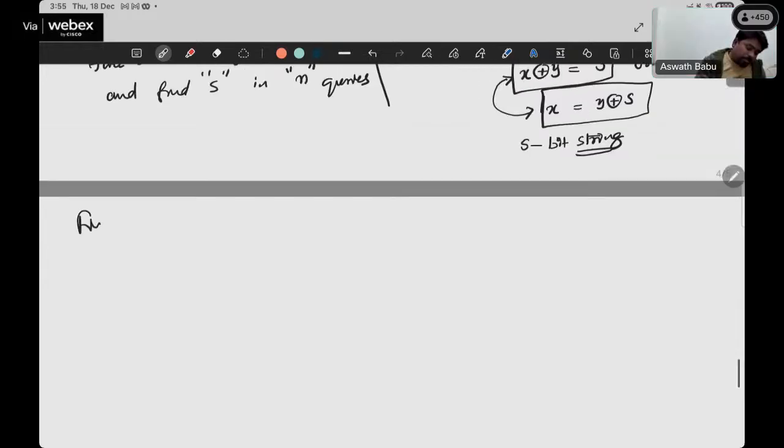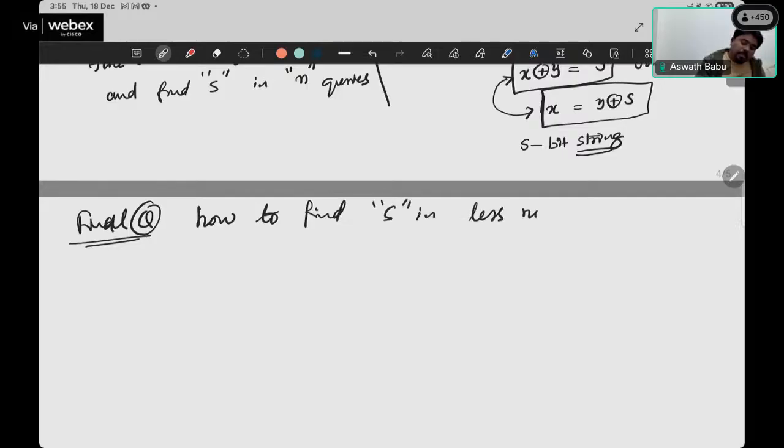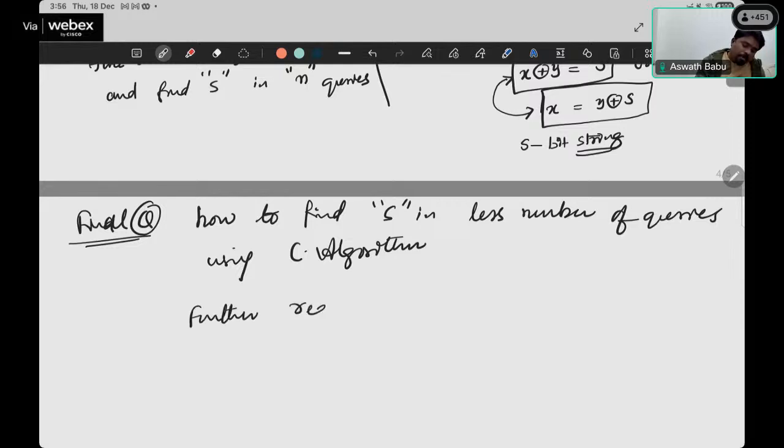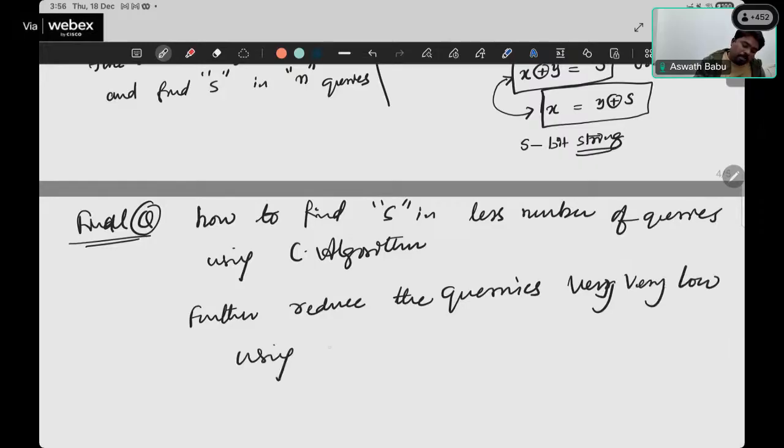So the final question is: how to find s in fewer queries using a classical algorithm or classical processes, and further reduce the queries to very low using a quantum algorithm.